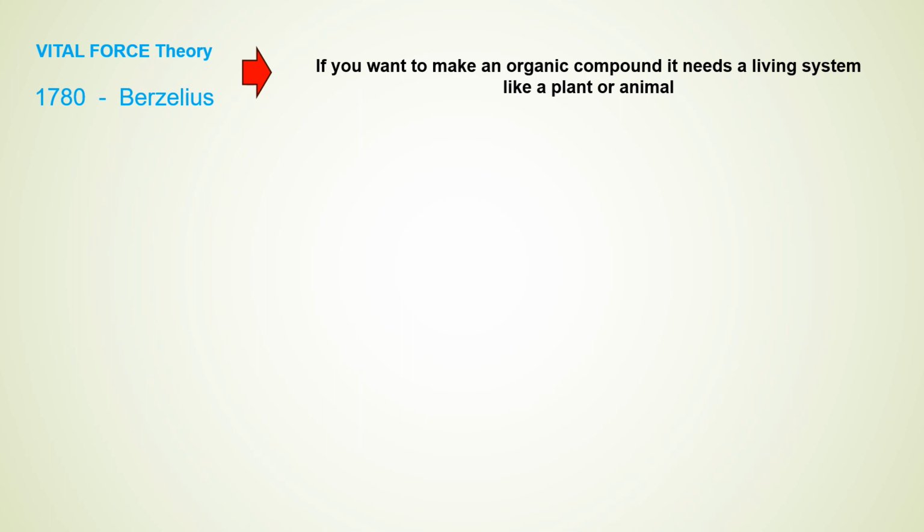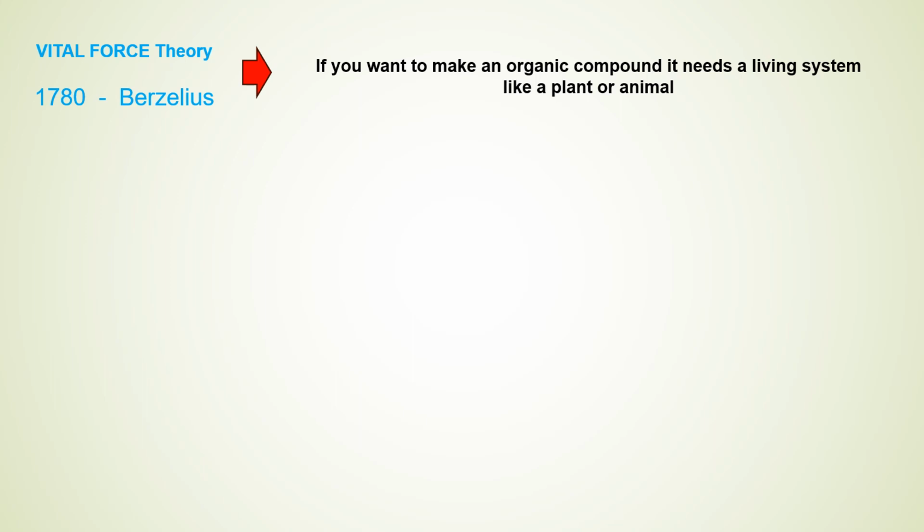So basically, organic chemistry started its journey in the 1780s with the theory of Berzelius, who used to tell that no compound can be synthesized without help from a living organism, either from a plant or an animal or any microorganism.